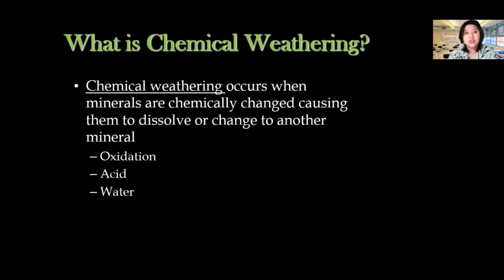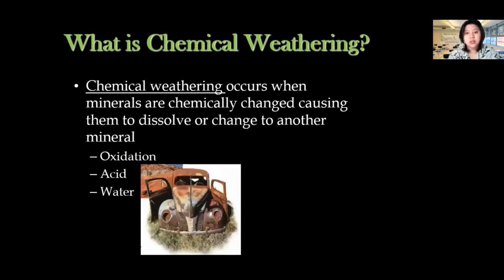Again, chemical weathering is when the materials or the rock change, causing them to either break down or dissolve via oxidation, acidic precipitation, organic acid, and hydrolysis, and all these weathering agents would cause the breaking of rocks.